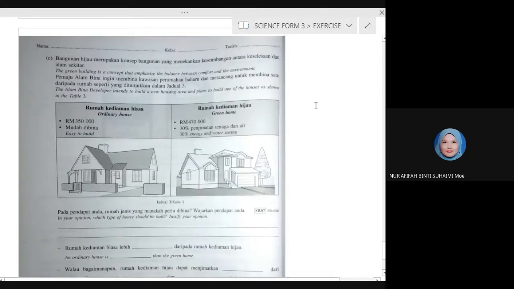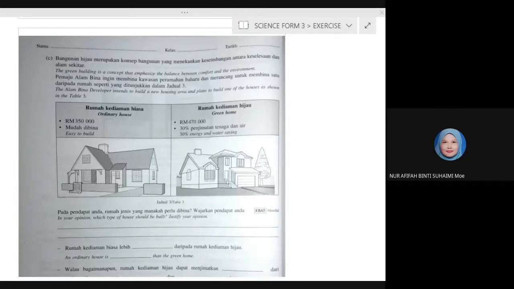Ada soalan nak tanya? Tung En? Rini? Rini Chia? Rini Chan? Wong De Jin? Ada nak tanya apa-apa? Tak ada. Out of topic? Tak ada. Benda lain?